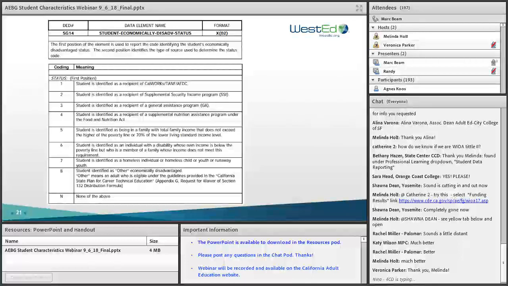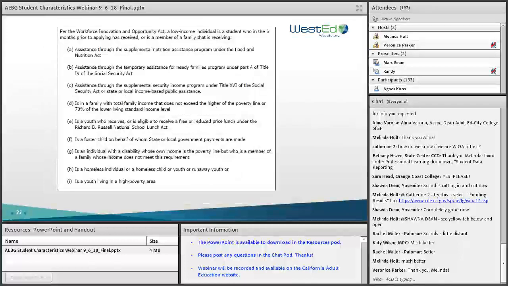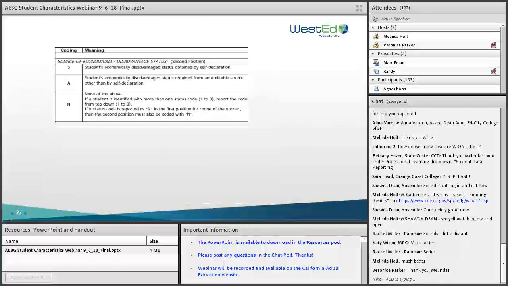So if a student meets multiple types of disadvantaged status, you would choose the lowest number and report that. Then the second position identifies whether you receive this information from the student self-report or an auditable source. This is very similar to the way that we have collected and reported data for Perkins and VATEA in the past.